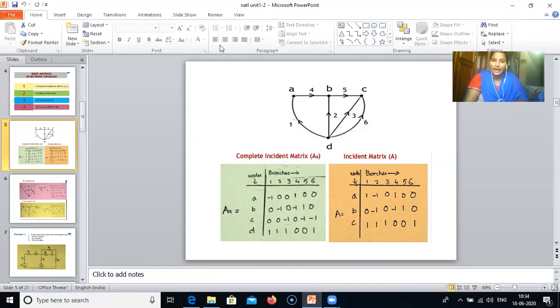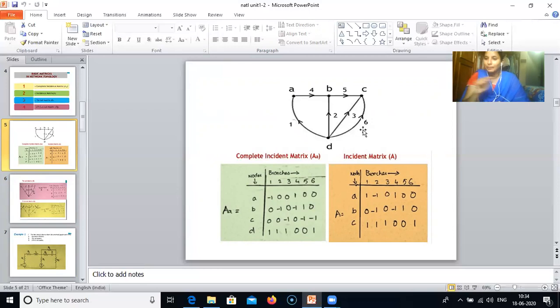So this is the graph given here. A, B, C, D are the nodes. So the number of nodes is 4 and the number of branches is 6 here. So it is an N by B matrix, where N is the number of nodes and B is the number of branches.